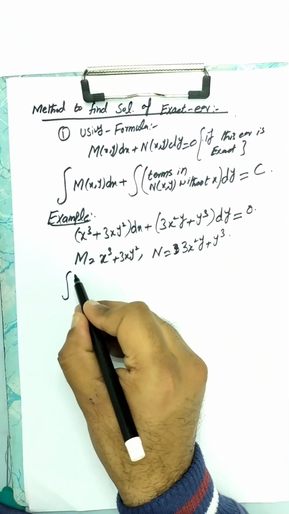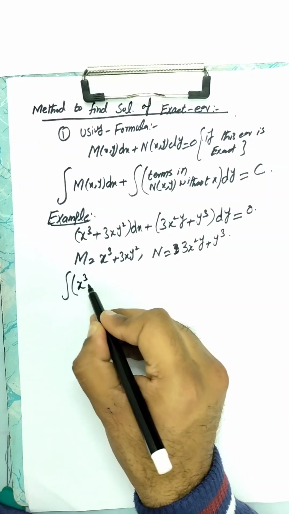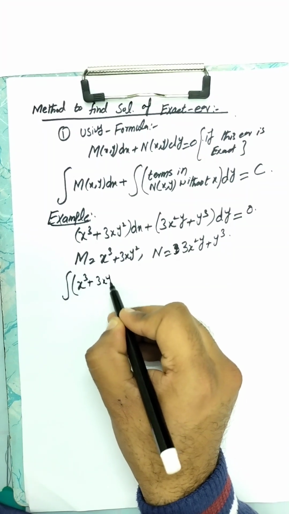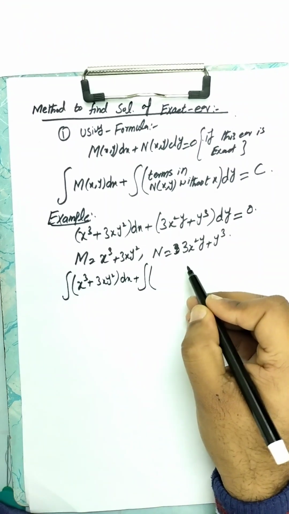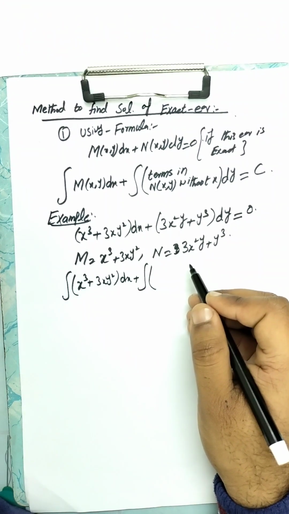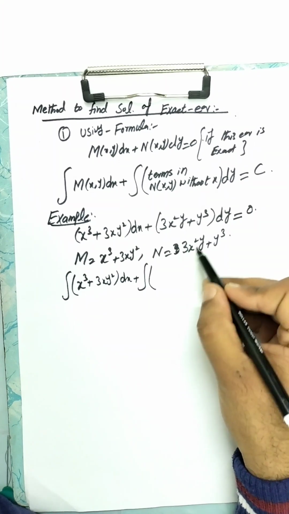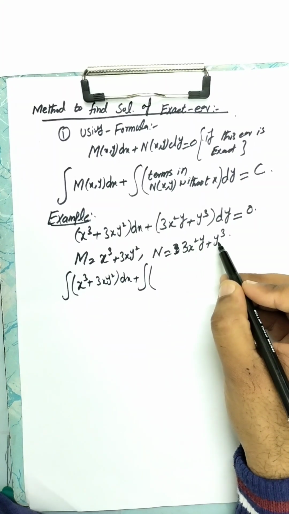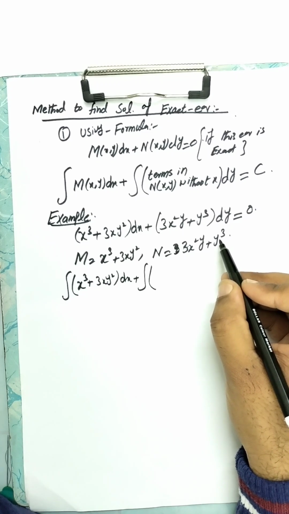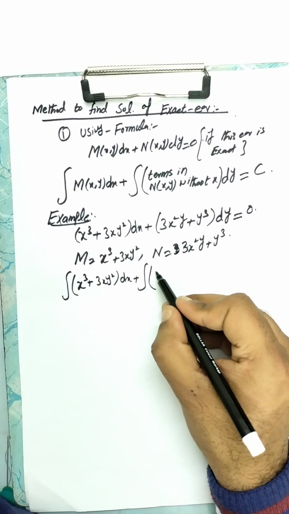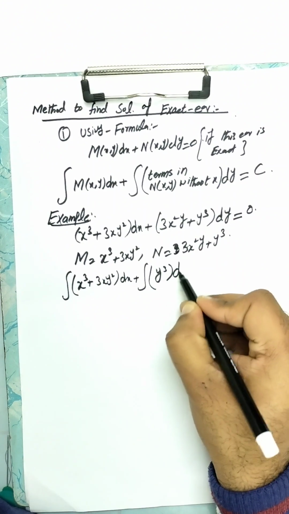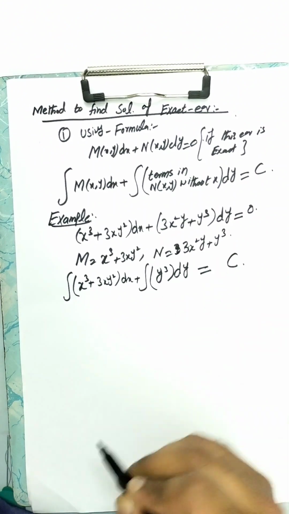Integrate M, so x cube plus 3xy square dx, plus integrate N, but we take the terms of N that have no x. In the first term x is available, so we neglect this term, and the second term has no x, so we take this term, and this becomes y cube dy is equal to c.